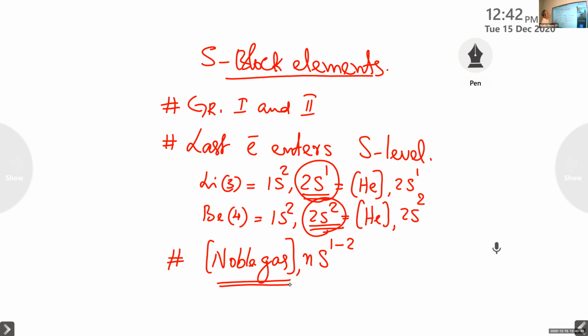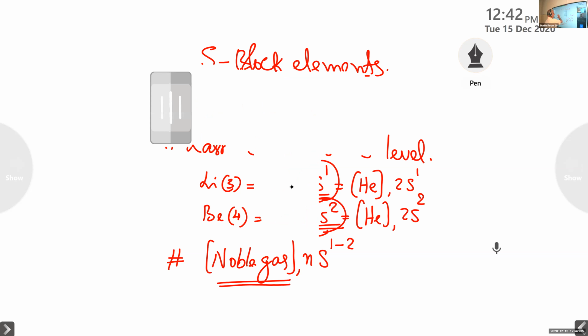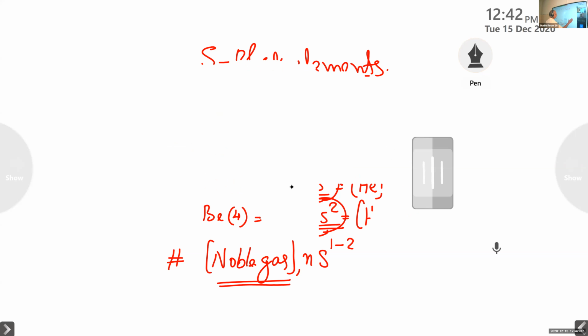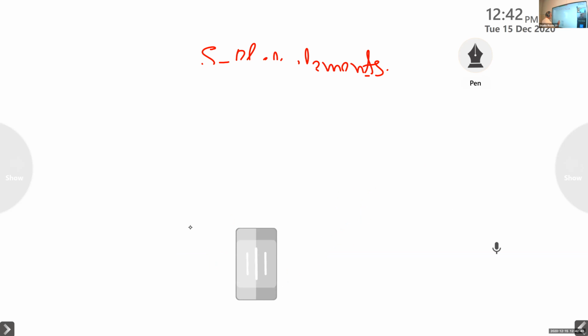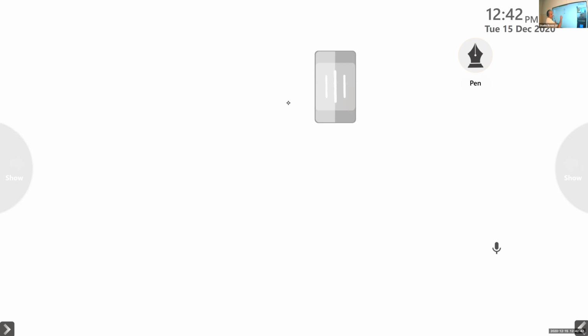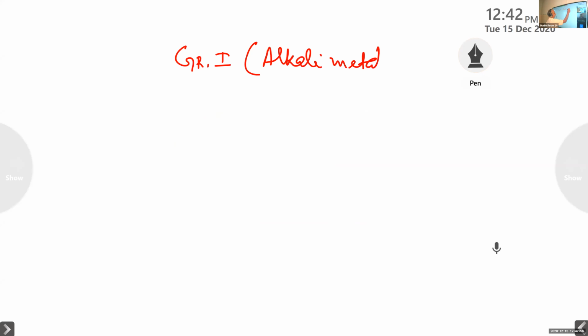Now let us see group 1 and group 2 separately. Do you know group 1 elements? Group 1 elements are called alkali metals. Do you know which are the elements in group 1?